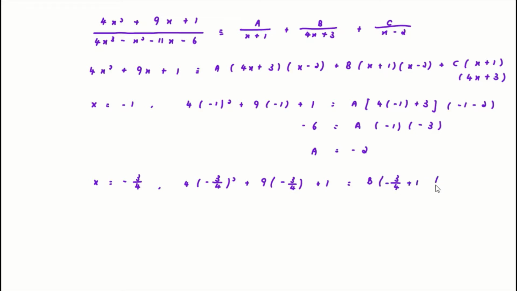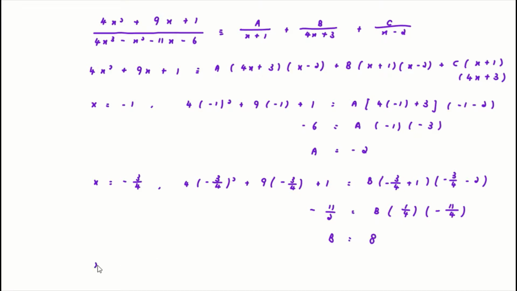After you calculate everything, you have negative 11/2 equals b times, for this part, 1 plus 1/4 minus 11/4. When we combine, we have negative 11/16. So divide, and you get b equals 8.